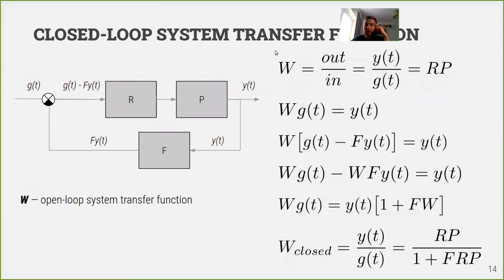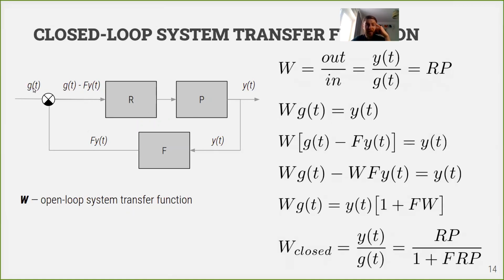You remember the transfer function is this division of output signal by input signal. And if we didn't have feedback here, this is just RP, and we can represent it in this form. And for the new system, we know that the input, which was G, is an input signal.